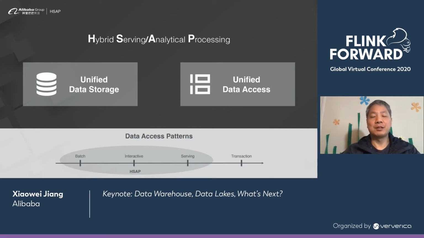They will process a vast amount of data, but these jobs are usually scheduled periodically and no human is waiting for them. So there is no strict requirement or expectation in terms of latency. An HSAP system should be able to meet the data access patterns ranging from serving to interactive analytics all the way to batch processes.